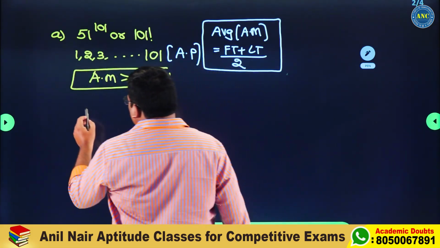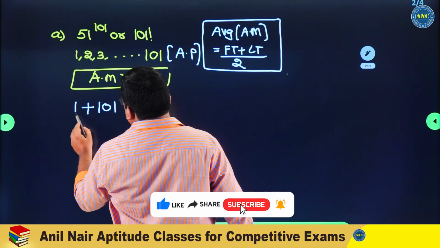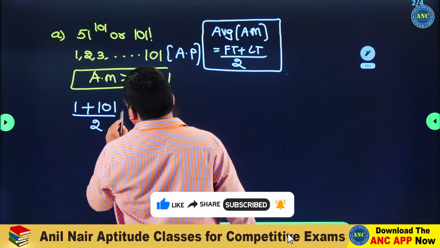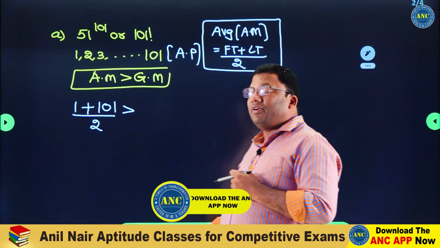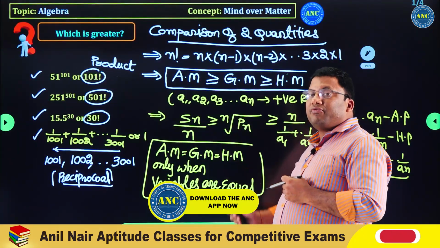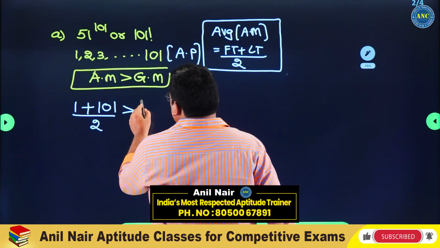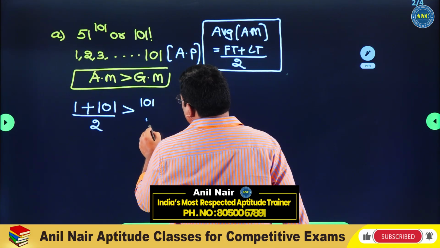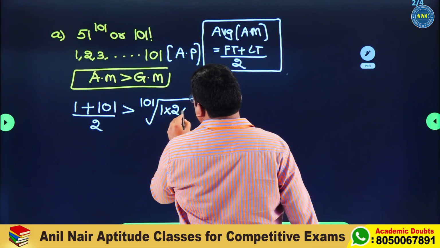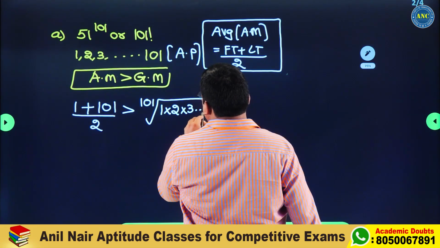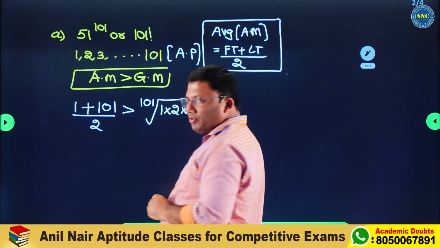First term is 1 plus last term is 101 divided by 2, which is greater than the geometric mean. If n values are there, it is the nth root of the product. If 101 values are there, this will be the 101th root of 1 into 2 into 3 and so on up to 101, the nth root of the product of all the values.